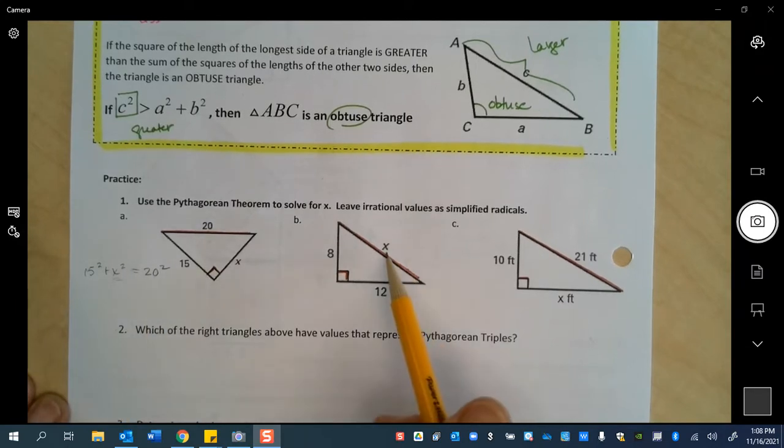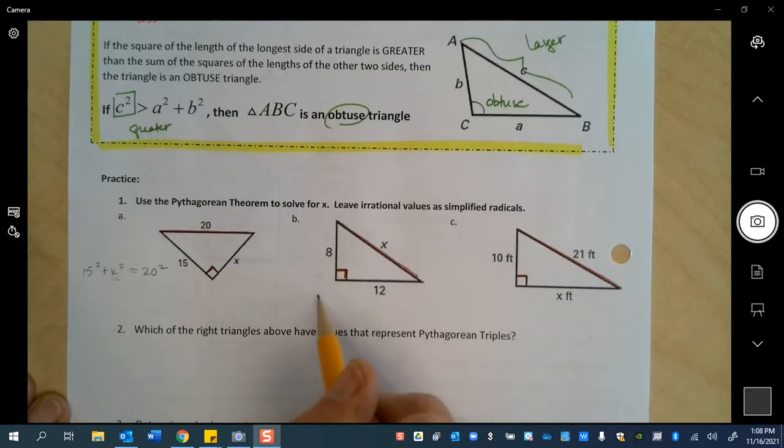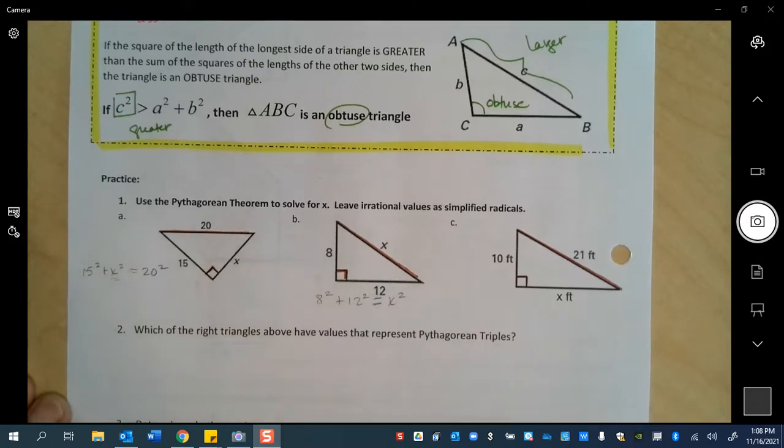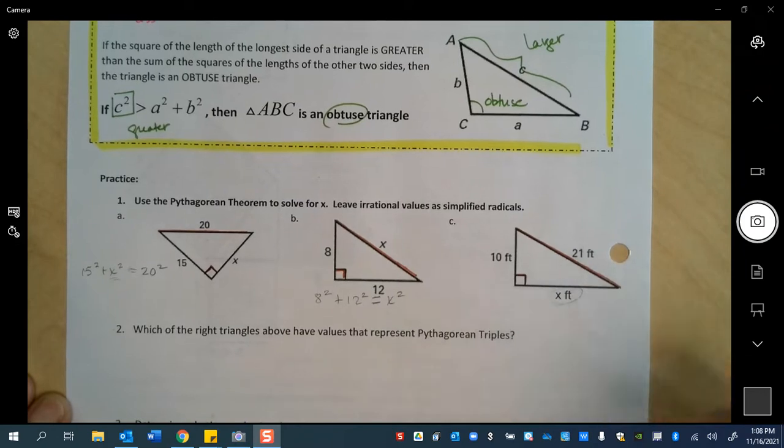If x is the hypotenuse, then you know that 8 squared plus 12 squared is equal to x squared. If x is a leg, 10 squared plus x squared is equal to 21 squared.